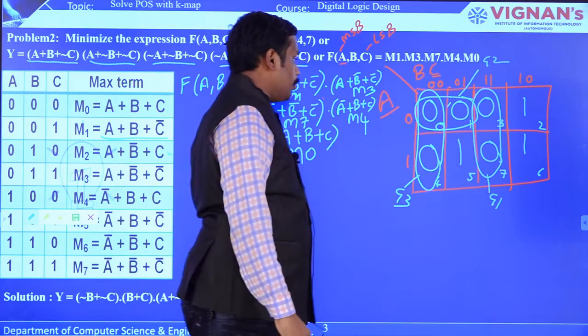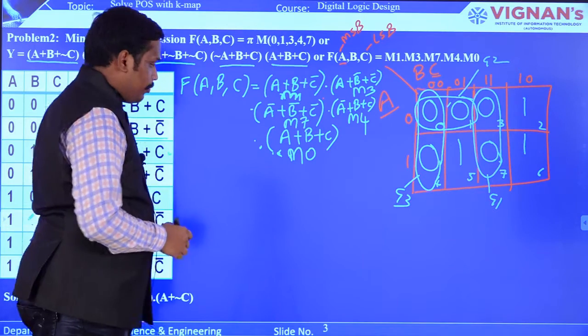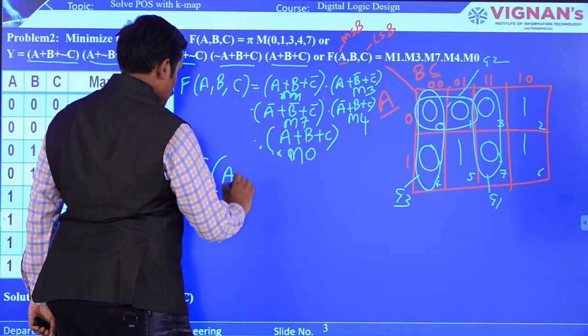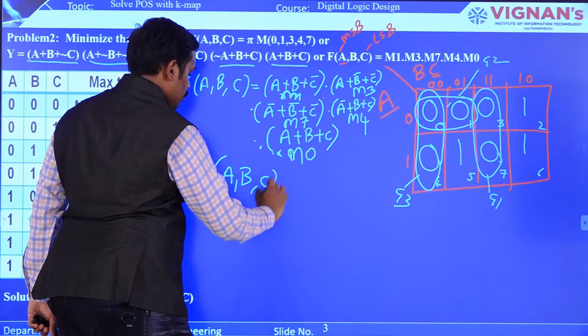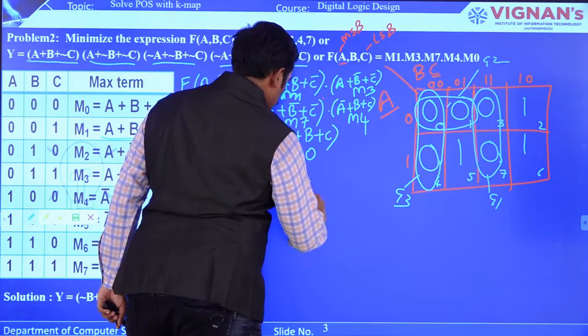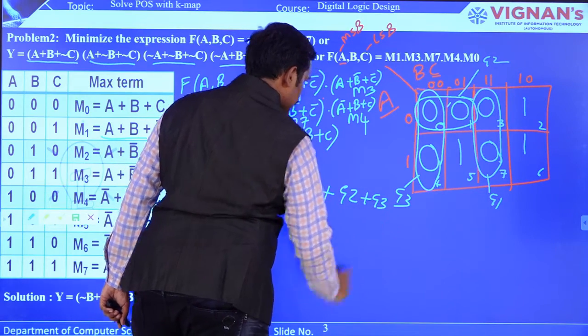Okay, so now for this particular POS form, we are going to write an expression. 3 variables are there. So f of a comma b comma c is equal to g1 plus g2 plus g3.